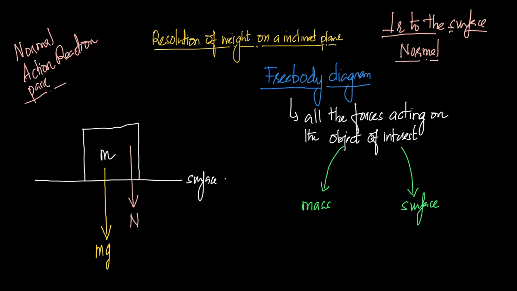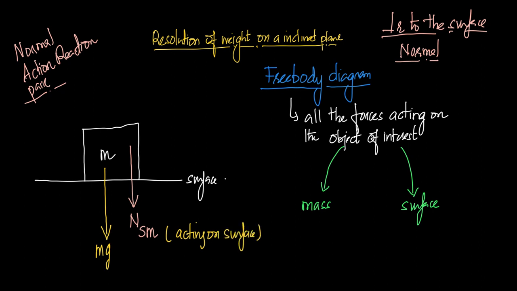So there's a normal reaction acting on the surface, and it is acting due to the mass m. So what is N S M? It is the normal reaction acting on the surface.